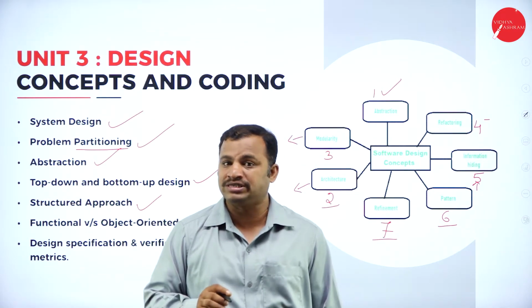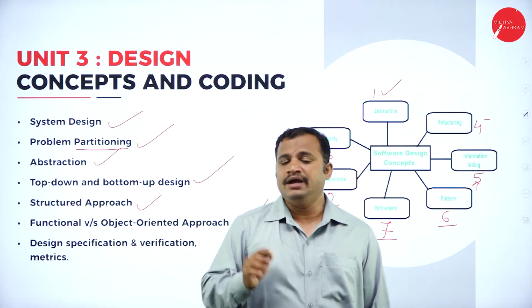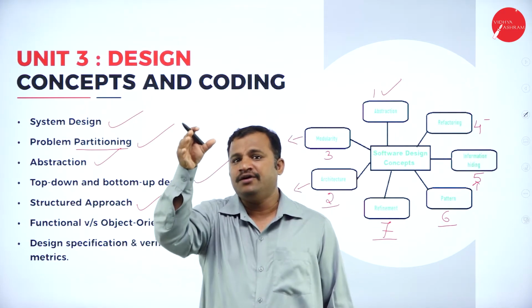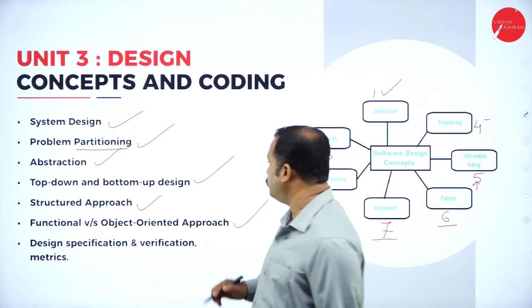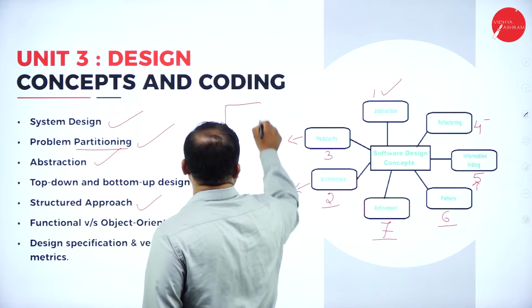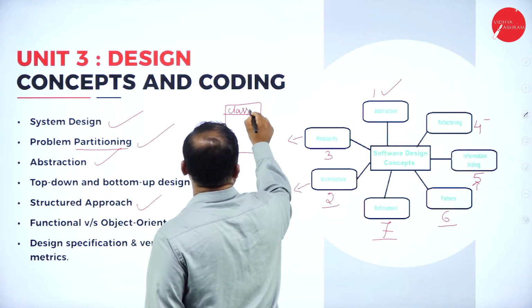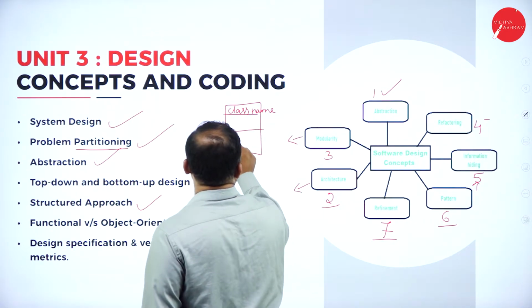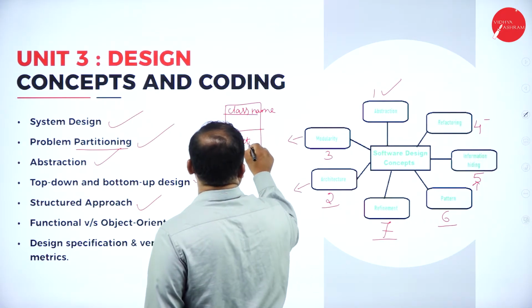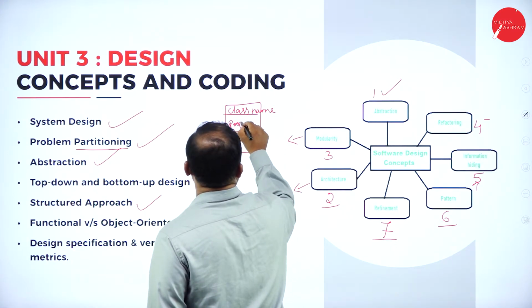In the object-oriented approach, when an object is created, it must have different functionalities along with the data. Suppose I write down the object diagram, it includes class name, functions, list of properties.